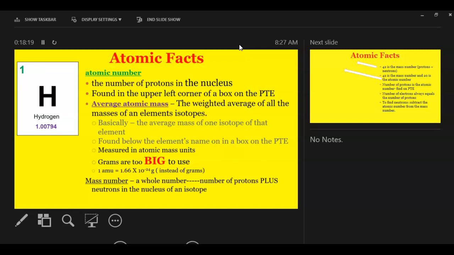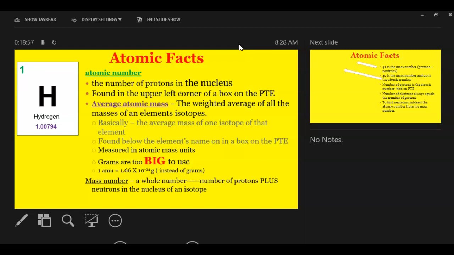Isotopes are atoms of the same element with a different number of neutrons. Isotopes, these are atoms of the same element with a different number of neutrons.